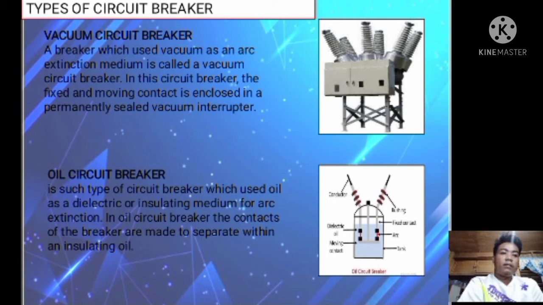So yung oil circuit breaker, these are the example of the oil circuit breaker. Meron siyang oil sa loob. Yan, to protect na hindi, para ma-separate yung insulation niya. Okay, to avoid the arc.